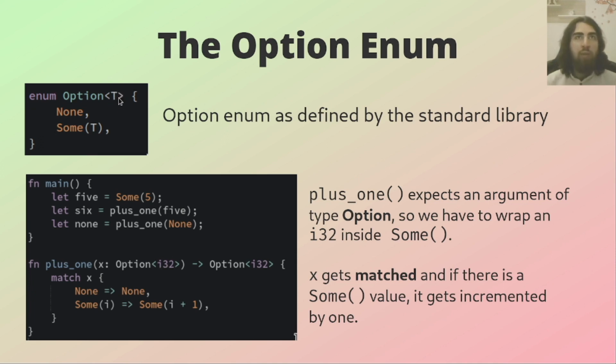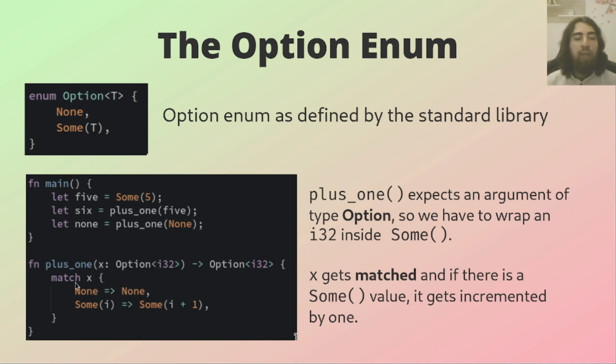Now again, we will cover that in much greater detail, but as you can see, this is exactly the type we are passing to the function. Some is a variant of the Option enum, and it is holding an i32 type.